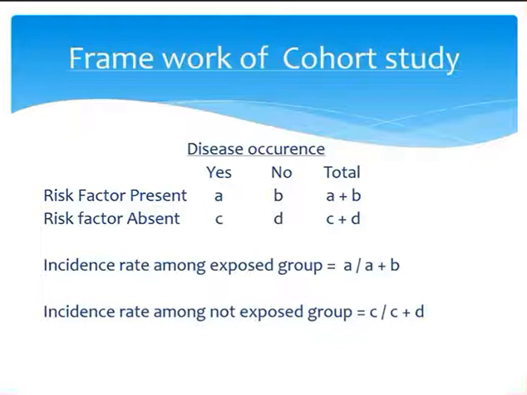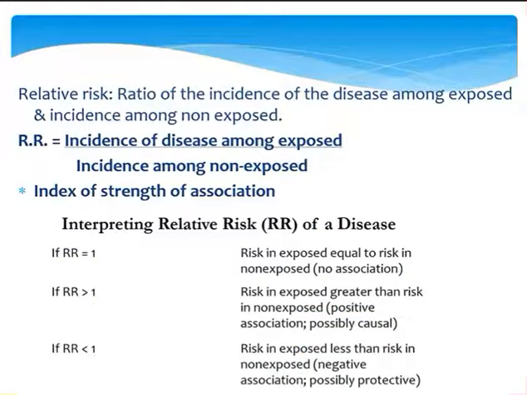Now, how do we interpret the relative risk? If relative risk is 1, the risk in exposed is equal to the risk in the non-exposed. So we can conclude that there is no plausible association between exposure and outcome. If the occurrence of disease is similar in both the groups, that means this particular exposure is not responsible for the disease.